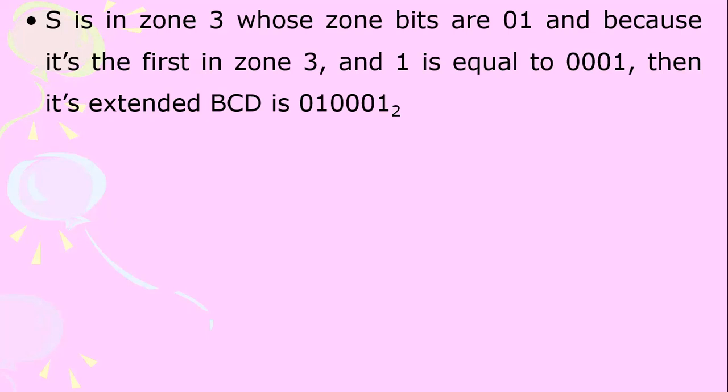Is it the first one? The second one? The third? The fourth? The fifth? If it is the fifth, get the binary equivalent of 5. Then combine it with the 2 bits that represent the zone. When you write it in full, that will be the extended BCD for that character.